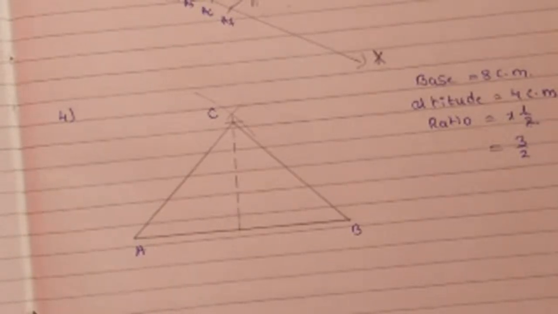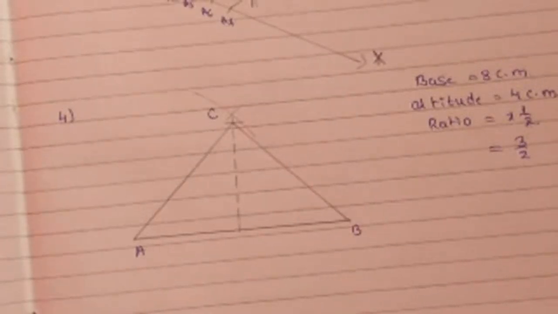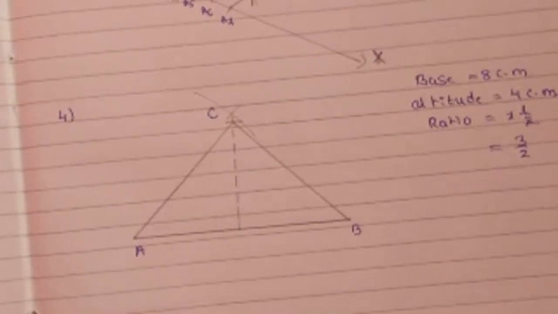So ratio is given, ratio is 3/2. We have to consider which number for marking the points in the inclined line. So comment me fast. As 3, you are right.